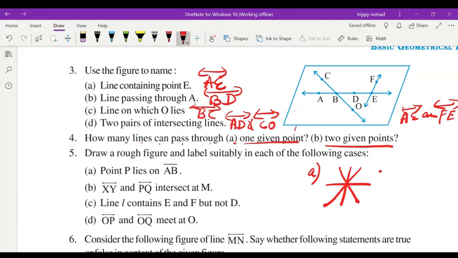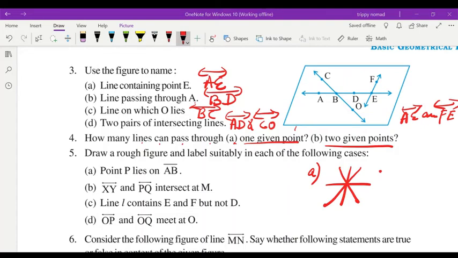If you are getting 2 points, you just wait and see. If there are 2 given points, suppose A and B, 2 points are drawn over here.